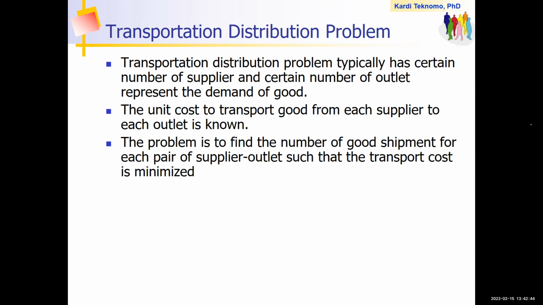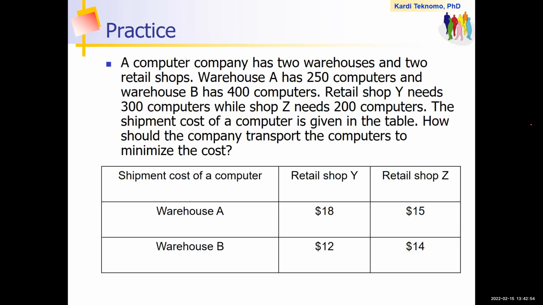Now the problem is to find the number of goods shipped from each pair of supplier and outlet so that the total cost is minimized. Now, since you know that, can you solve this problem? First things first, can you formulate this into an optimization formula?